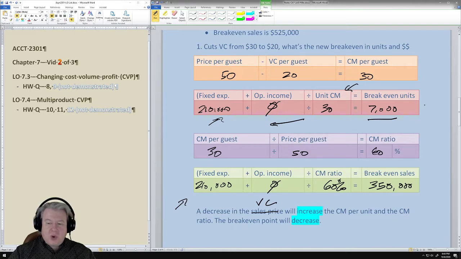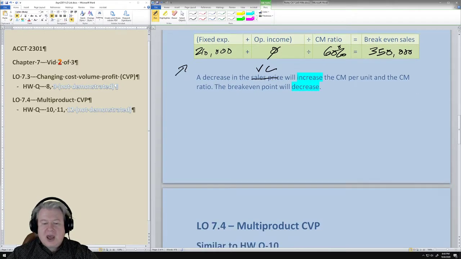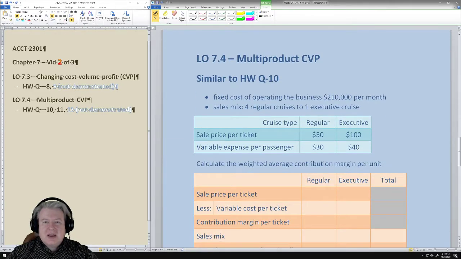And the break-even point will decrease. So I think I actually forgot to change that there. Okay, so that should get you on the way. Once again, it's just a repeat of what we were doing in the first video. It's just you're plugging in new numbers and comparing it to the old setup.